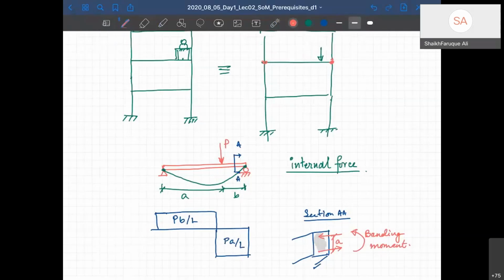As I said, the fibers will fail because of the force that they are carrying internally, not due to the force that is externally there, because external force will be divided into different values when they go internally. So the fibers here will fail because of a load that is PA by L, not because of P. Well, this PA by L indirectly depends on P, but the failure is because of this, not because of that. Okay, that's an internal force and external force.